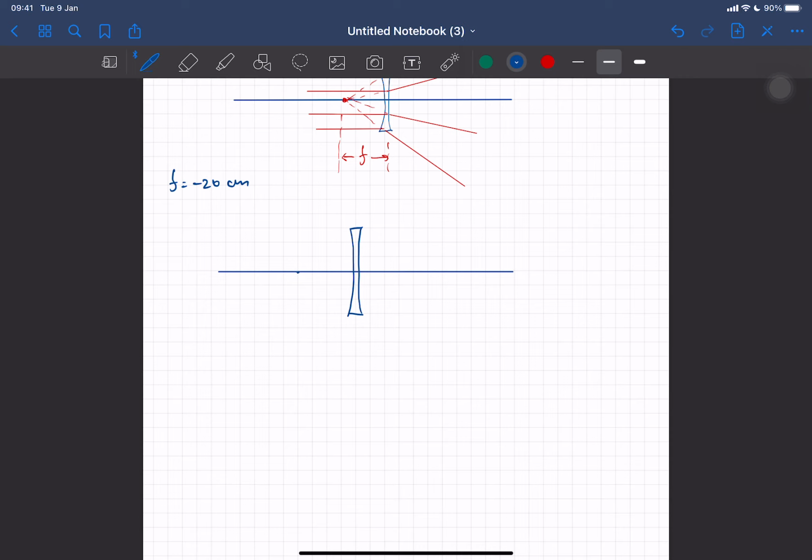So there's going to be 4 grids away, and then it's going to be 4 grids away here. So that's our setup. And let's say we put an object at the distance here, which is 40 centimeters away from the lens. So SO is 40 centimeters.